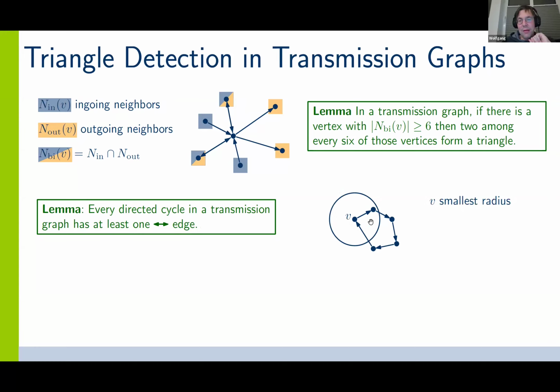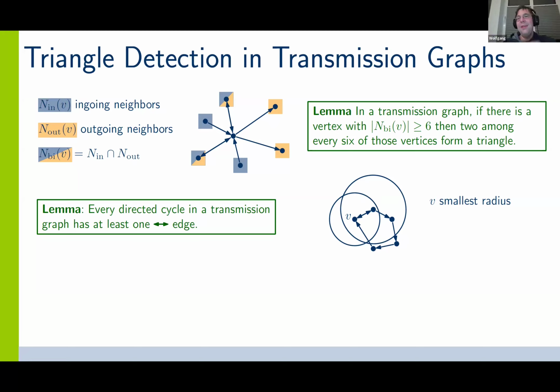What happens is, as Shachar said, you do have basically some order, which is induced by the size of the disks. And if you just look at a directed cycle and you look at the smallest disk in the cycle, then for the outgoing edge from the smallest disk in the cycle, there has to be an incoming partner, because the disk of the outgoing neighbor has to be at least as large as the smallest disk, and then there also has to be an edge in the other direction.